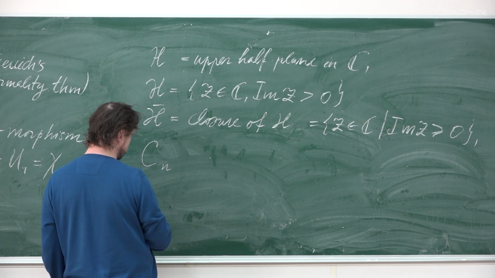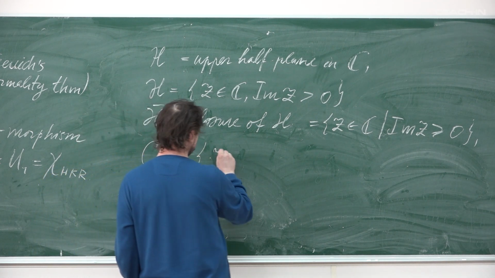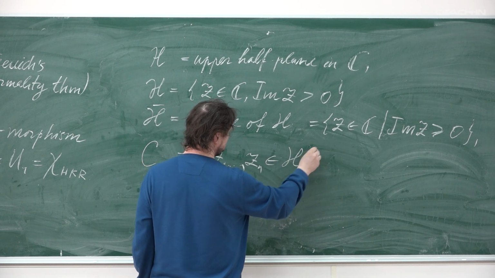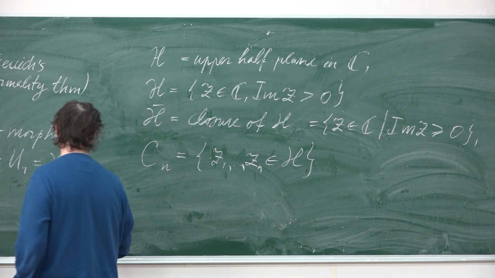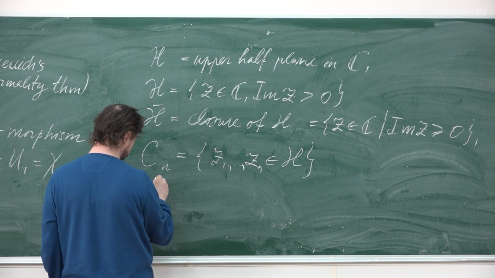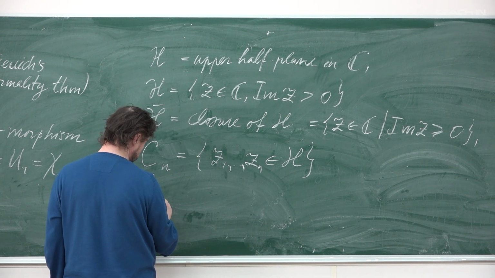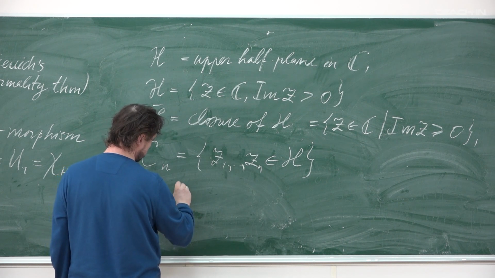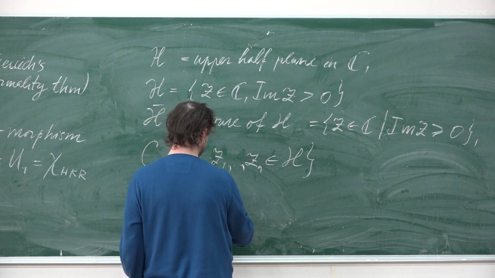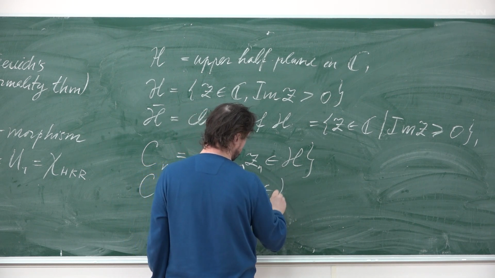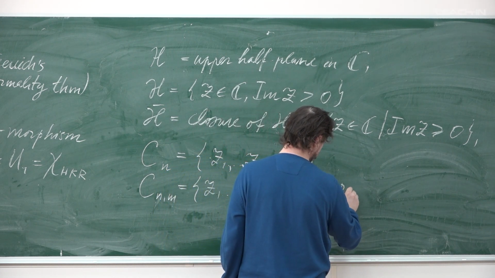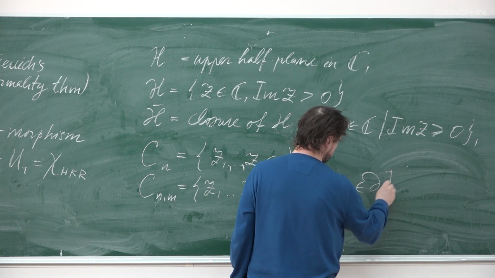First we consider the space C_n of all points z_1, ..., z_n in H. And also C_{n,m} will consist of all points z_1, ..., z_n in H, and m points p_1 through p_m in the boundary of H bar.